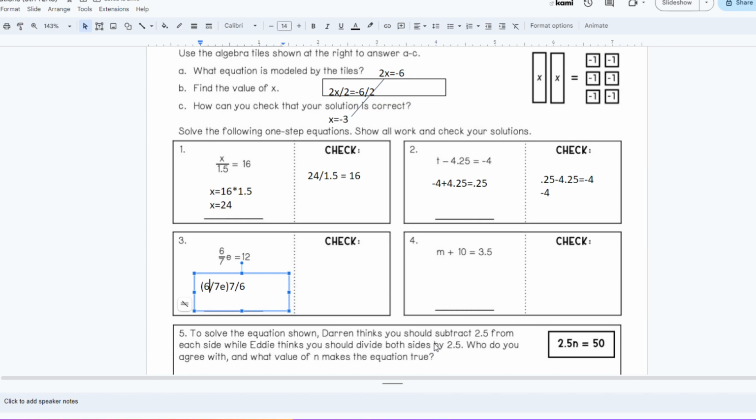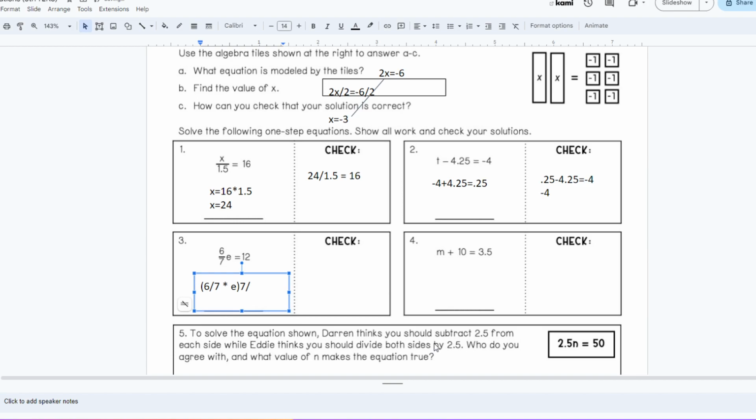The reason you do this is because the tops and bottoms of the numbers cancel out. So this 7 cancels out with this 7, and this 6 cancels out with this 6. Let me put in the multiplication sign. All right, so that's why you would do it this way.